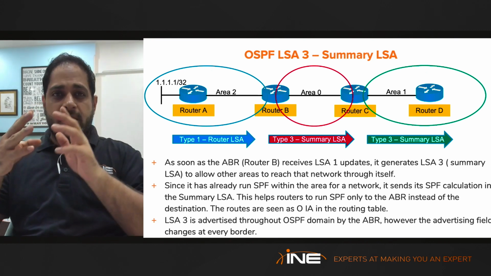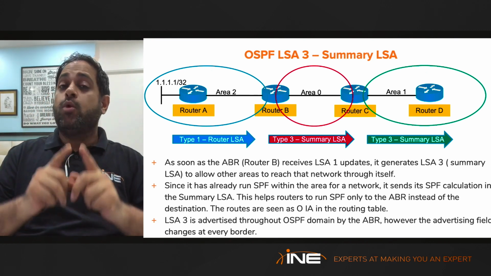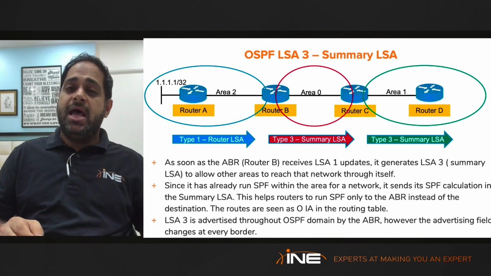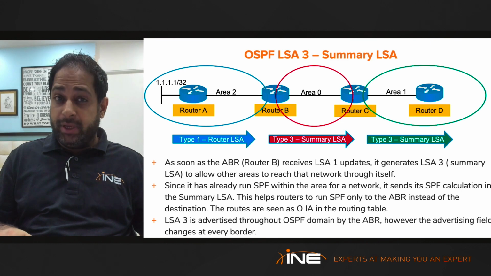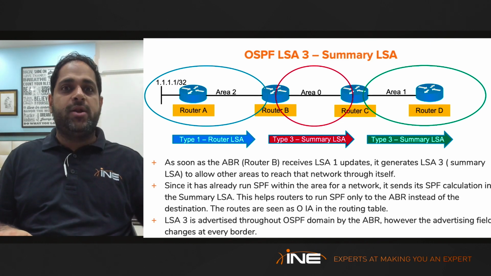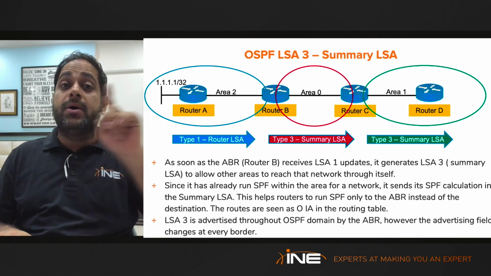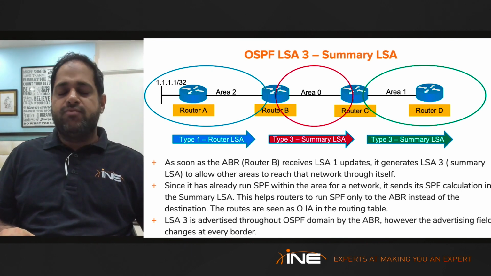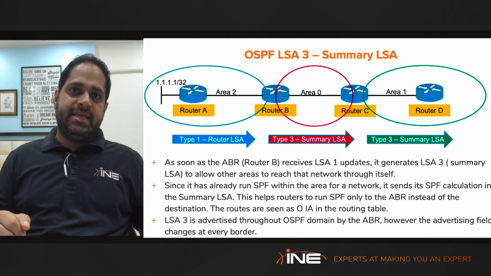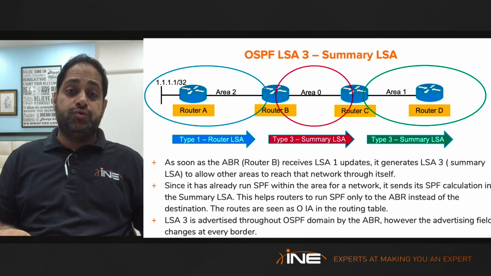But when router B gets that, he blocks LSA1, and now he generates a new LSA, which is LSA3. And he would generate one LSA3 per link. So if there were 4 routes coming from router 1, router B would send 4 LSA3 updates to area 0.